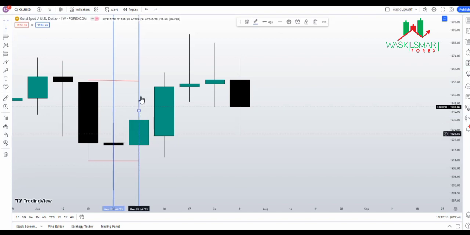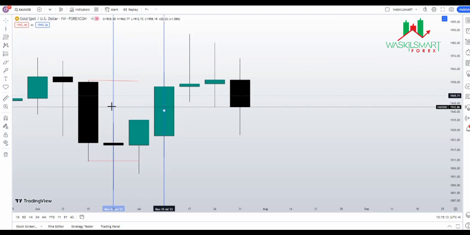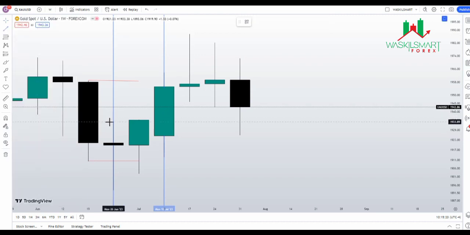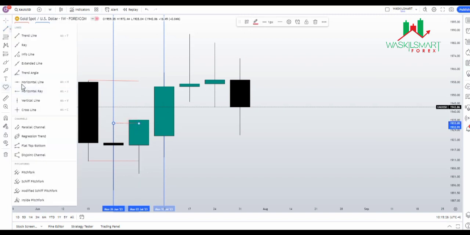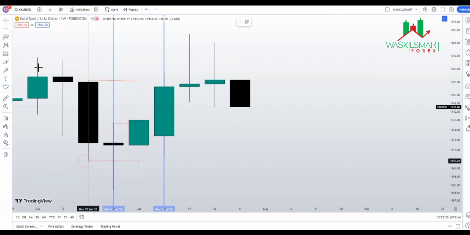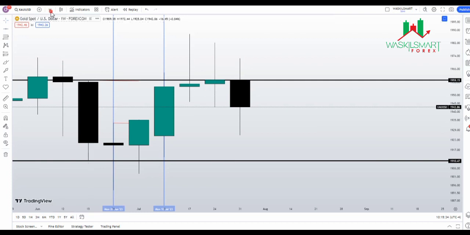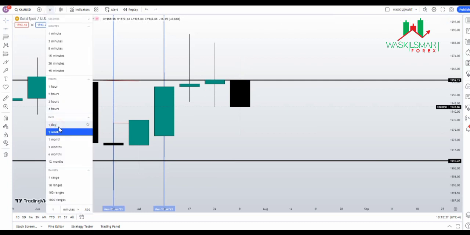Let's put our liquidity. This is where we are, and this is the liquidity we are looking for. The market is in the range of this and this. So now let's go down to the daily charts, then you can see what we have.